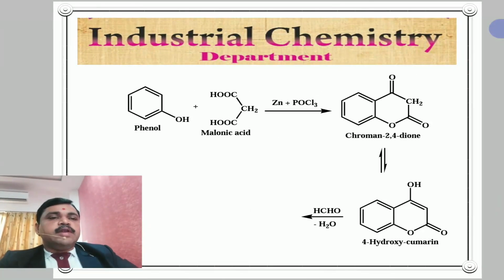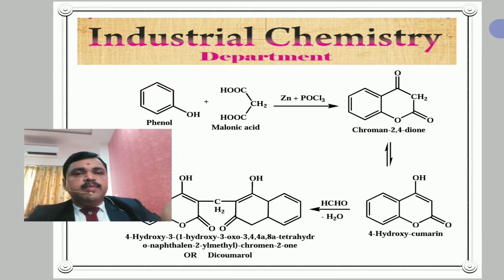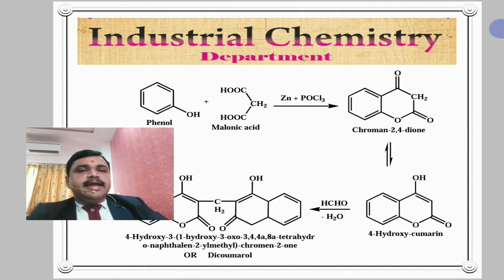Two moles of this 4-hydroxycoumarin are treated in the presence of methanal, HCHO, which gives our final product, dicumarol or dicuman. This is the synthetic route of dicumarol or dicuman from phenol and malonic acid.